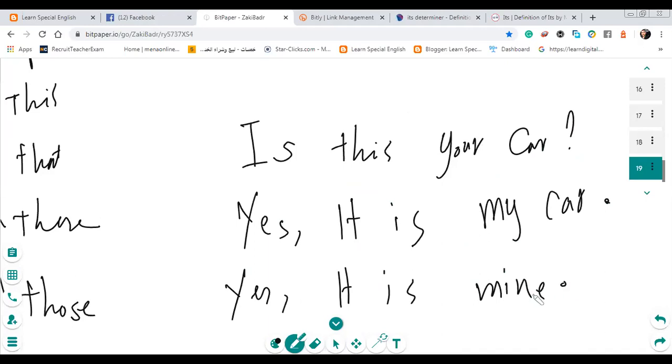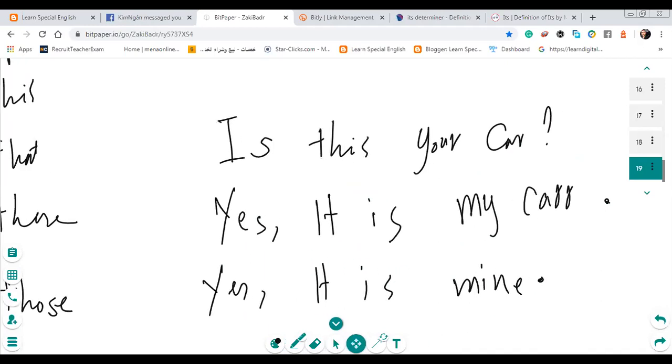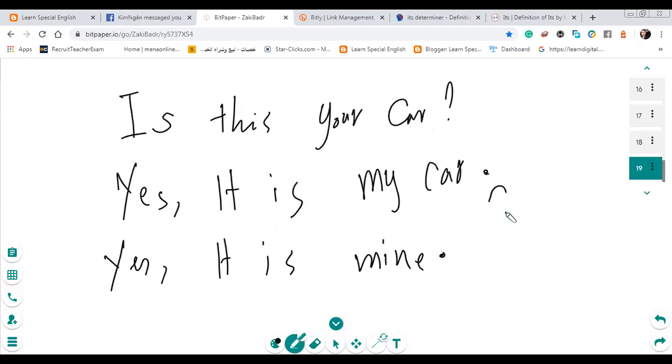Which one is correct? Both are correct. That's right. Which one is more correct? Maybe the first one, because it's the same style.